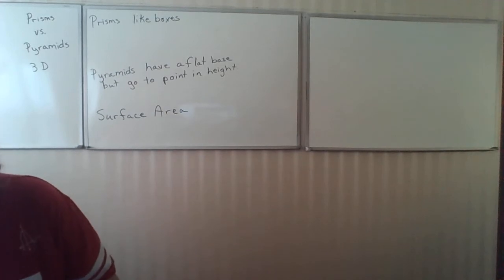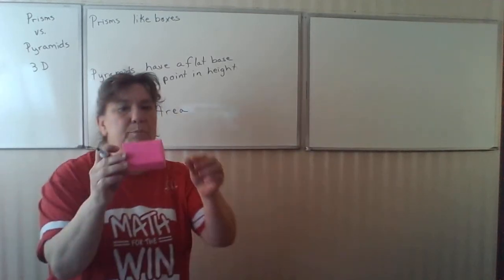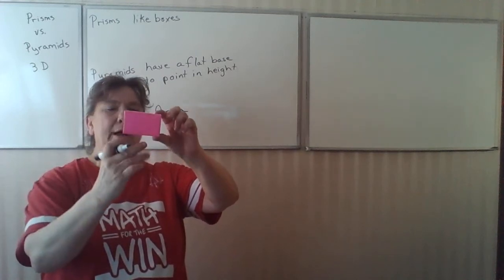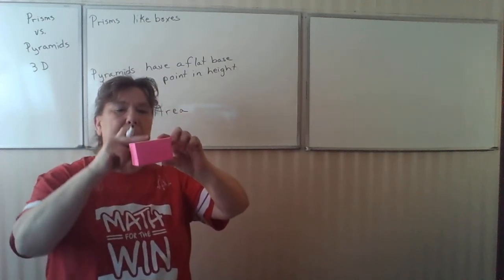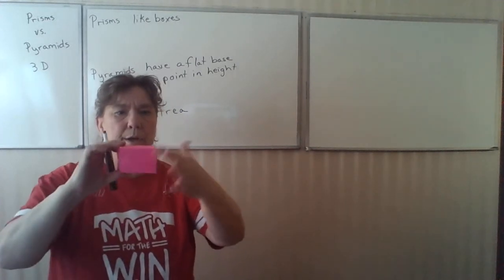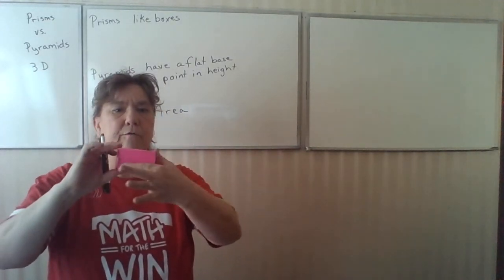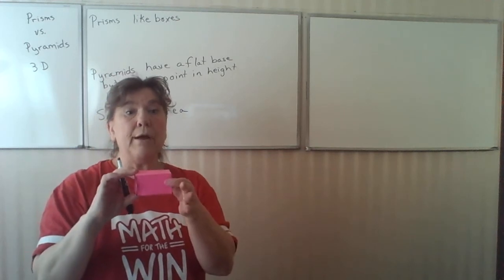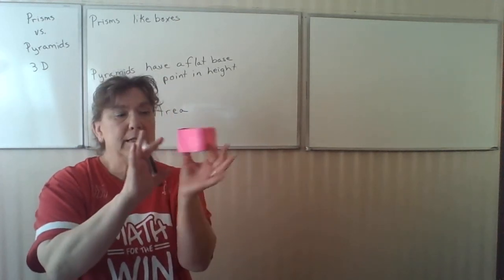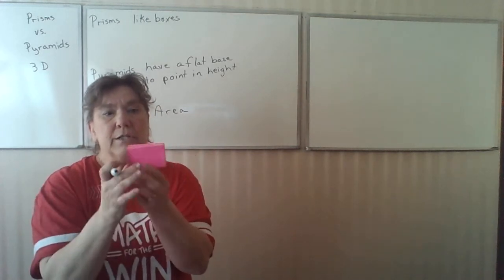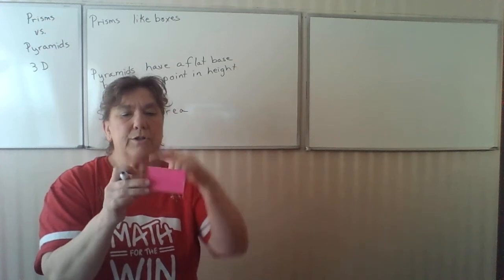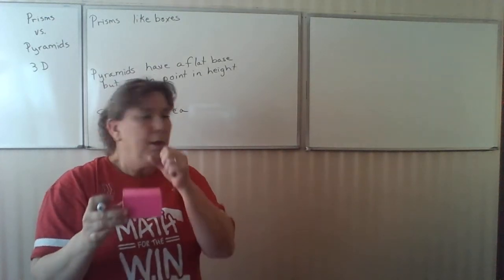So if we were to look at this particular prism right here, and we were to think of our distance around this prism, we would be going here. And what we've got is 1, 2, 3, 4 surfaces to go around. But we're not finished because you also have this end and this end. So you have 2 ends to get your ends on it, and then your surface area all the way around.